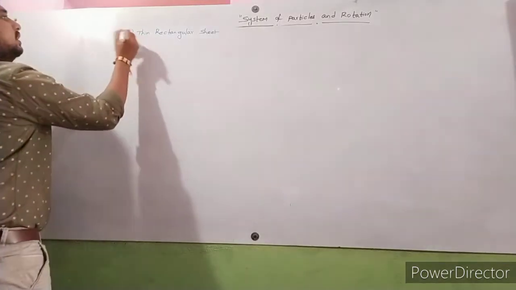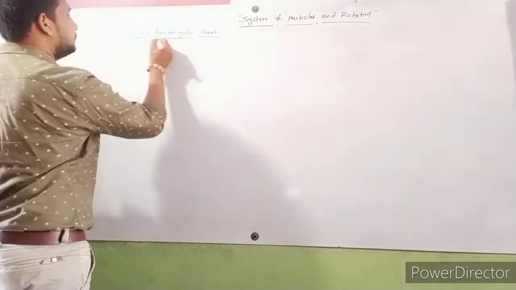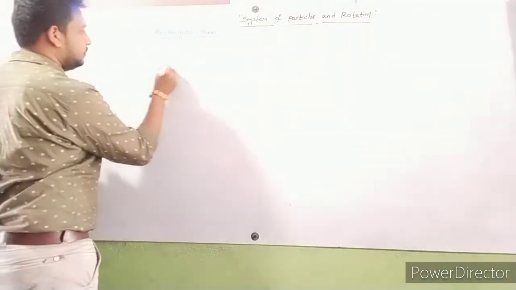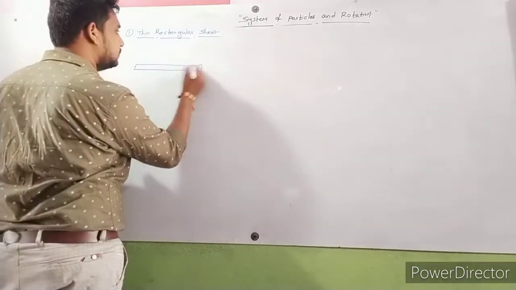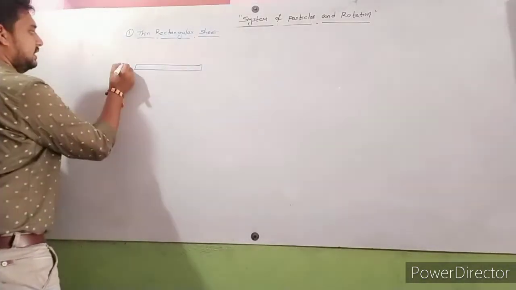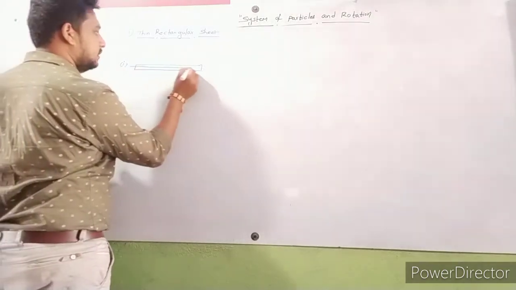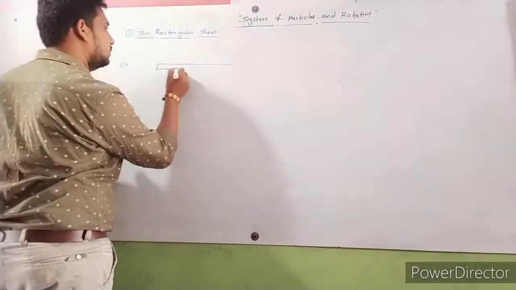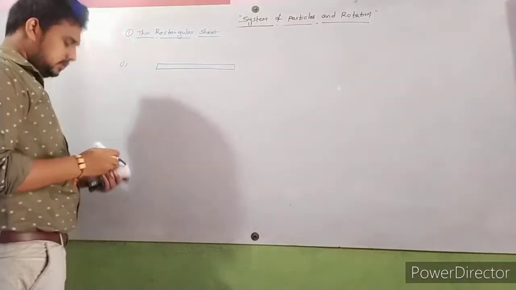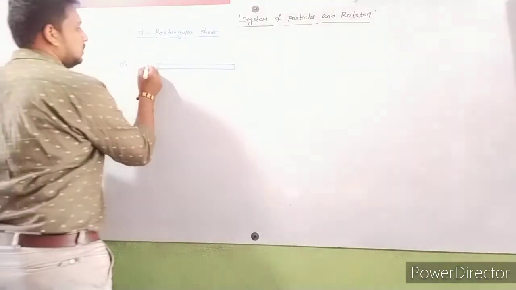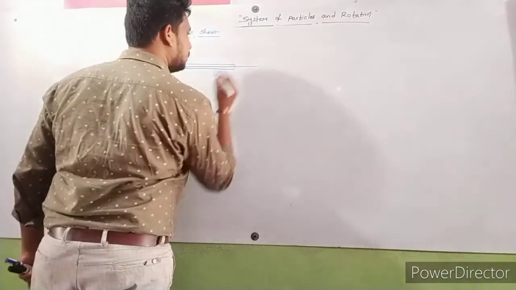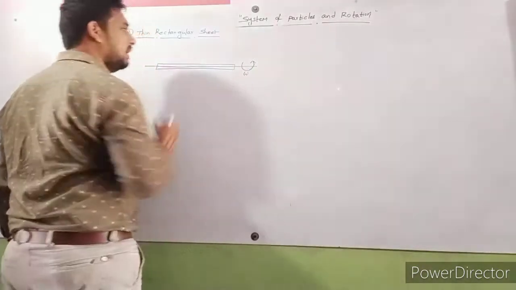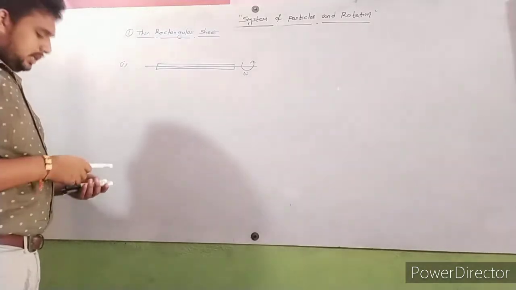First one, thin rectangular sheet. So this is a sheet. In this one, this is an axis. We consider an axis. This is rotated like this, angular velocity omega.